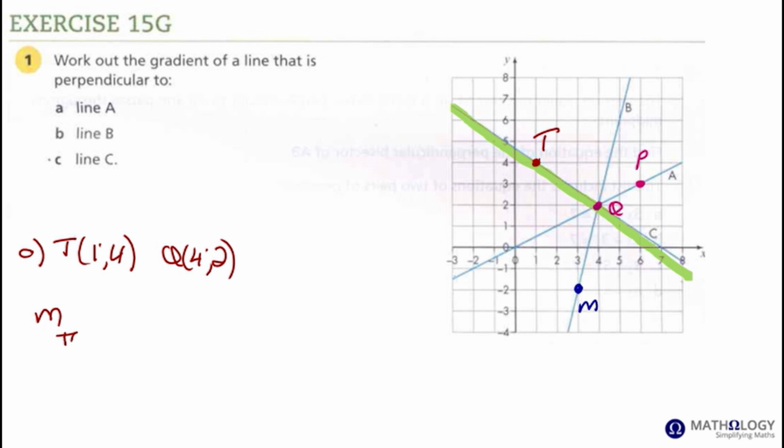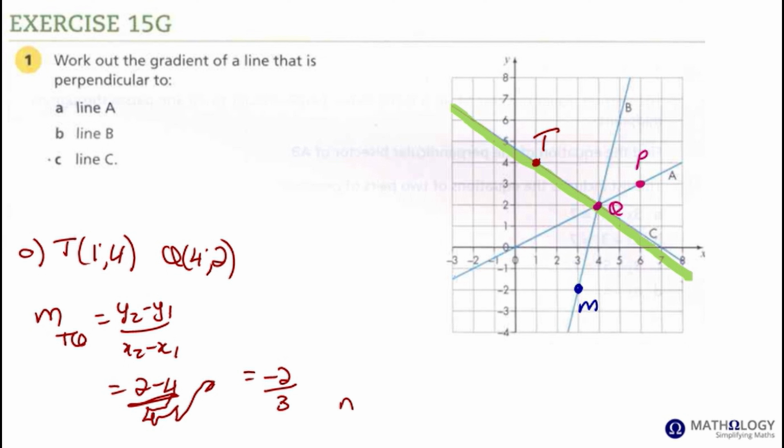The gradient of TQ is y2 minus y1 over x2 minus x1. So 2 minus 4 over 4 minus 1 equals minus 2 over 3. So the gradient of TQ is minus 2 over 3.